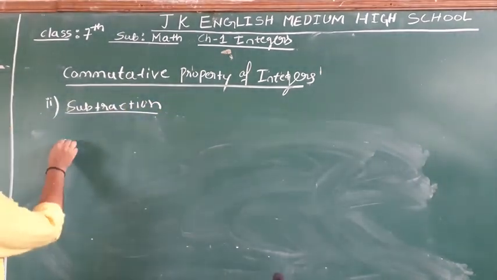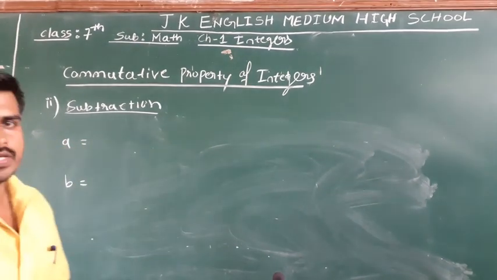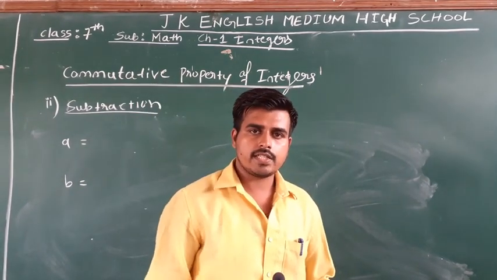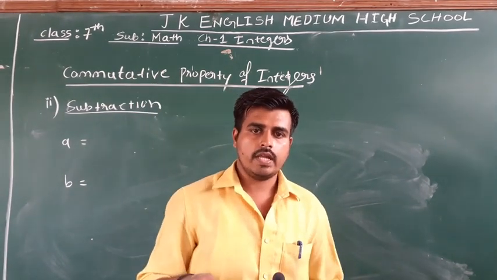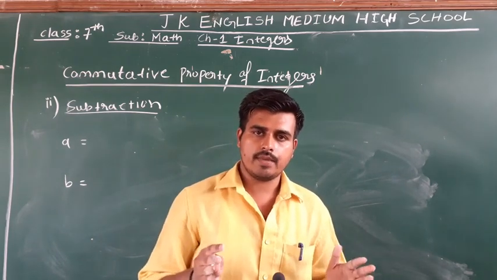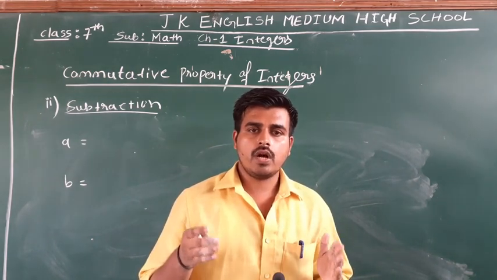See, let us take any two integers of your choice. If you subtract them, and in the next step you change the operands and subtract them again, if your answer is the same, then integers are commutative under subtraction.